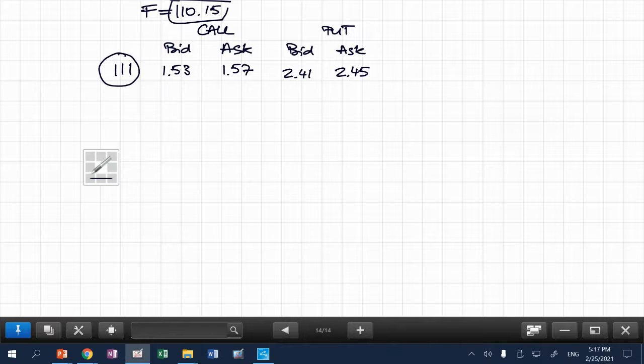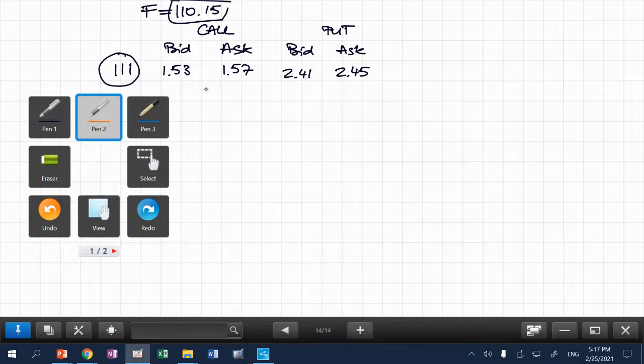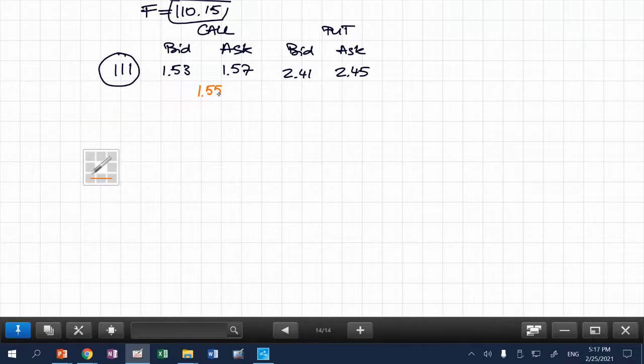So we would expect the put trading 85 cents higher than the call, okay? Now, as a crude simplification, if we look for a second at the mid-market price, so just a simple average between the bid and the ask, we get that the call option has a mid of 1.55, the put option has a mid of 2.43.